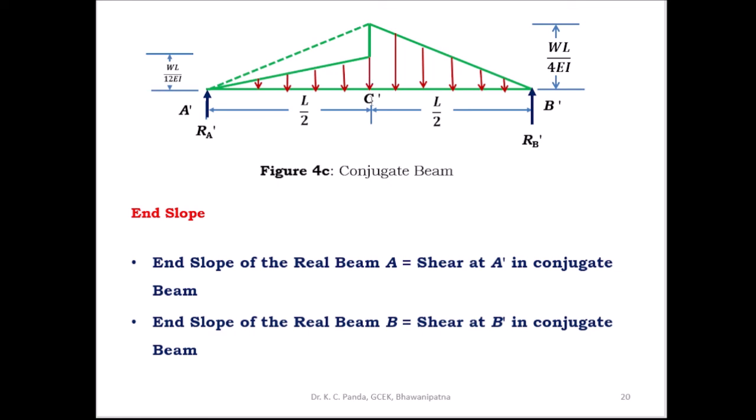MC dash is equal to RA dash into L by 2 minus the area of this diagram, half into L by 2 into WL by 12 EI, into the centroidal distance, which is 1 by 3 into L by 2.